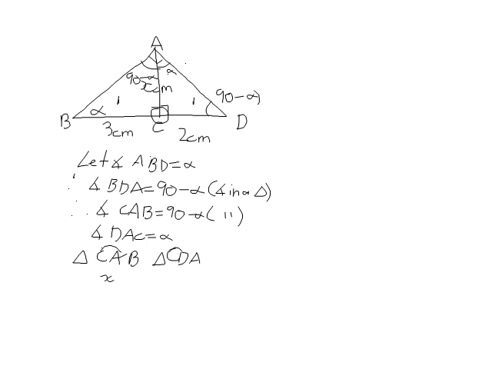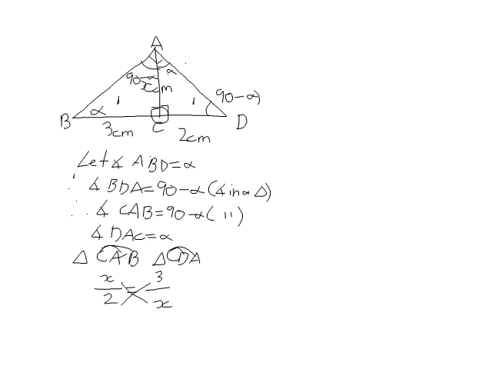So CD that's going to be over 2, equals CB, which is 3, over CA, which is X. Now, we can go in, cross multiply.